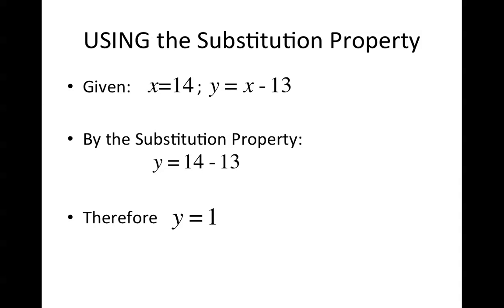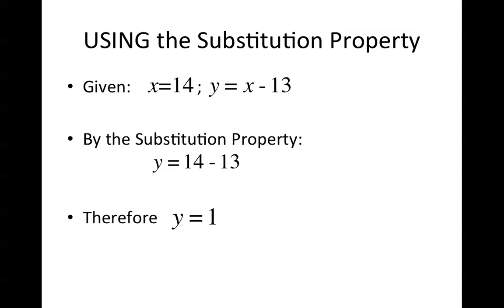Here's an example of how we could use the substitution property. Suppose we're given two facts. X is equal to 14, and y is equal to x minus 13. The substitution property tells us that if we know the value of x, we can substitute that value, 14, anywhere where we see x.